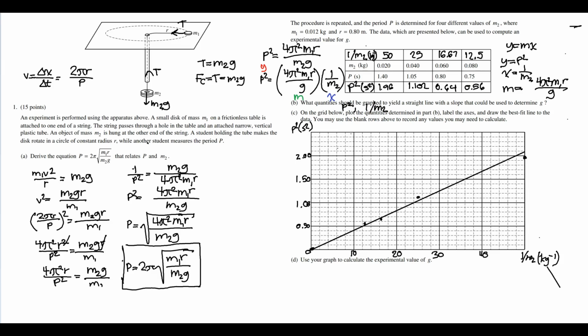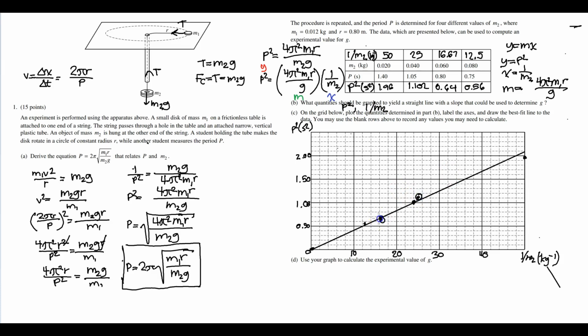All right. Okay, so let's find two points that the line goes right through, so we can be accurate for our measurements. I'm pretty sure this one is extremely close.